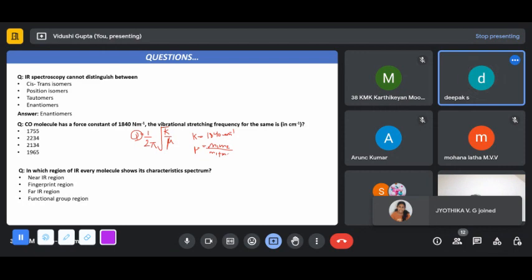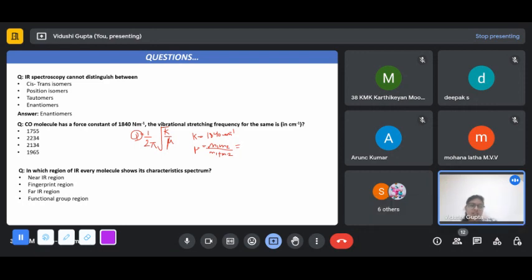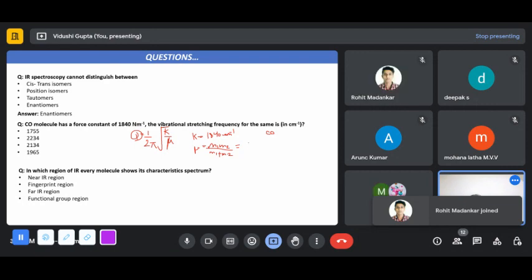Option B. Okay. So what's the value of mu, the reduced mass? For the CO molecule, carbon monoxide, it will be nearly 11.38 into 10 raised to minus 27.